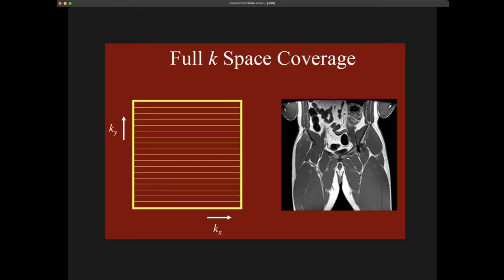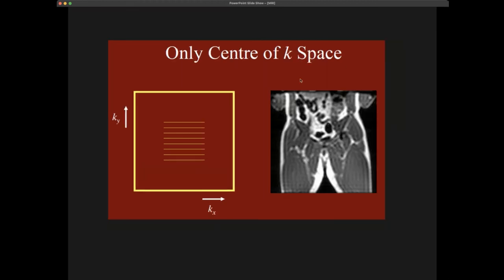Now there are different ways to optimize this, because doing a full image like you see here, where you measure the full Fourier space, you get a full resolution image. That takes, of course, a long time. And there are different ways that you can choose to optimize this. Some of the extremes to show you the effect, for example, is say that we want to do fewer measurements and we only measure in a smaller part of the Fourier space.